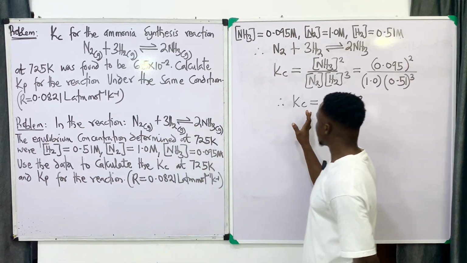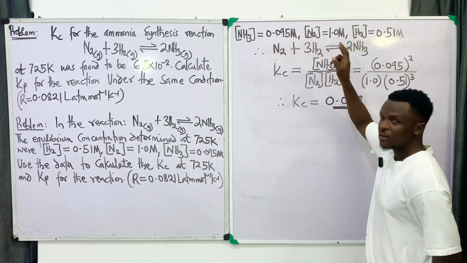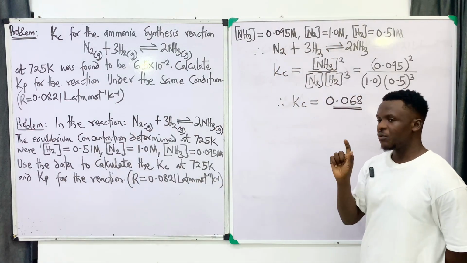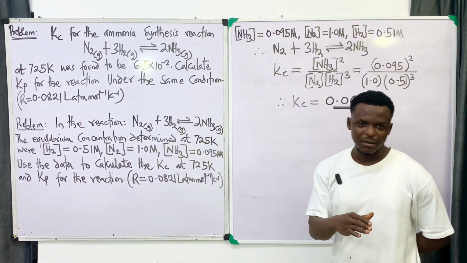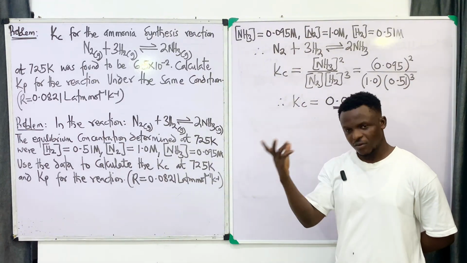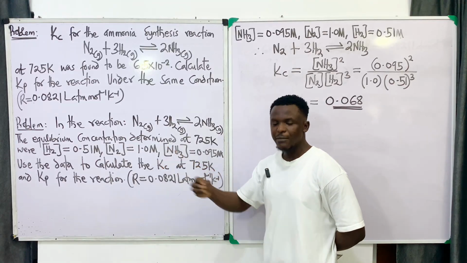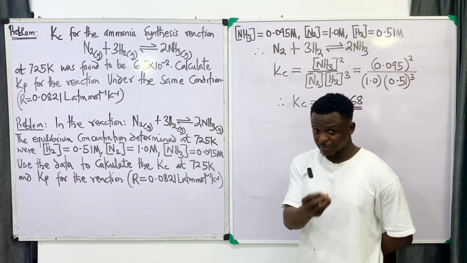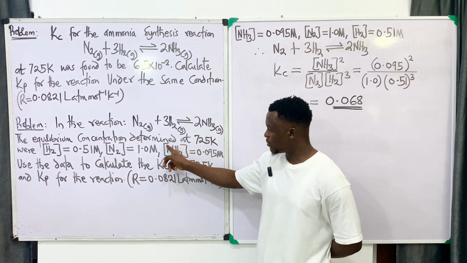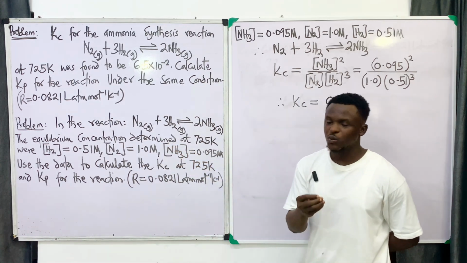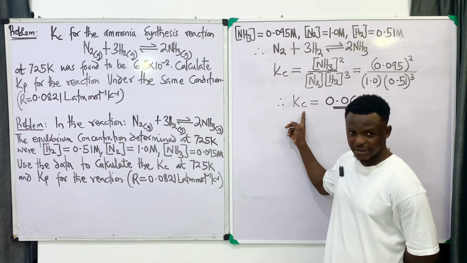So once you've gotten Kc using these values, you can now say, okay, there is a relationship between Kc and Kp, which is Kp equals Kc, you complete it. Now, what if they had given us these values in partial pressure? Listen, let me explain this. They gave us these values in concentration. That was why we had to first solve for Kc.